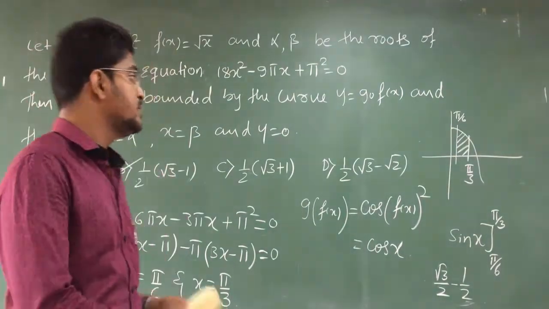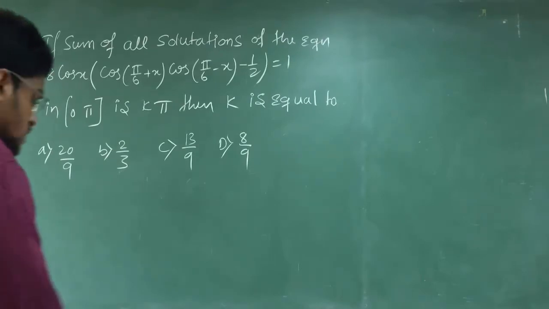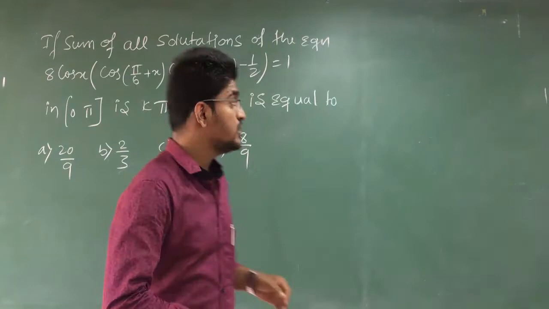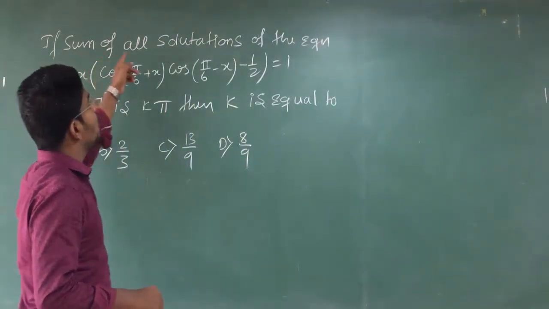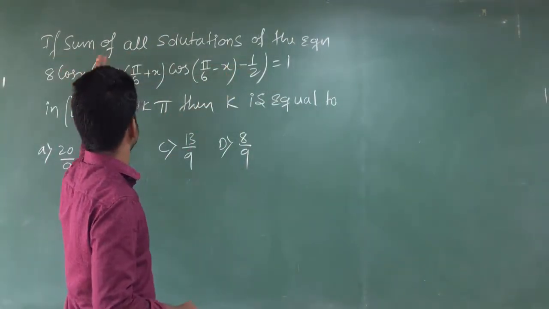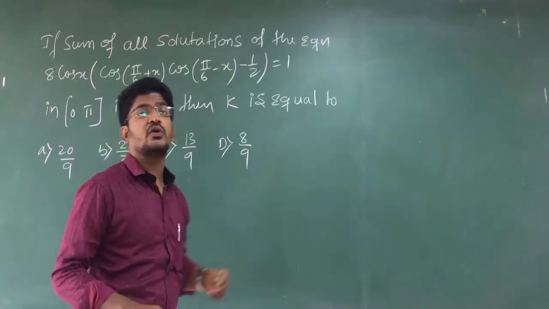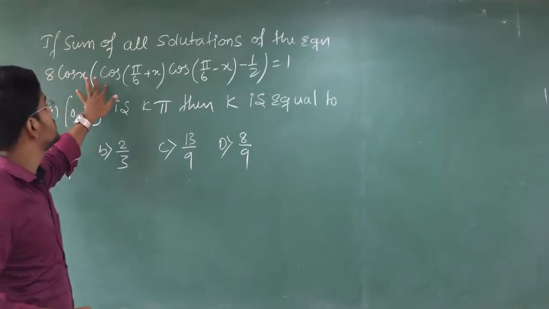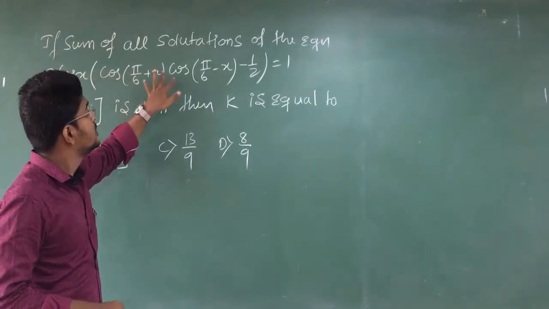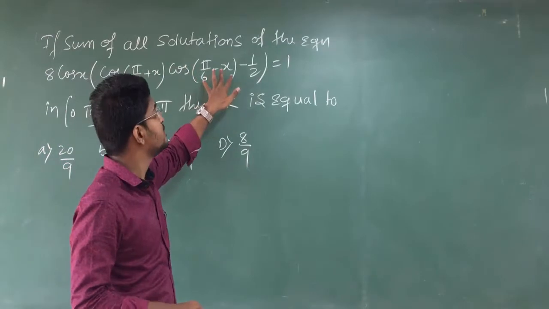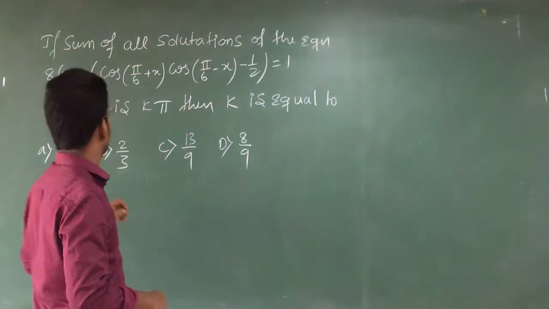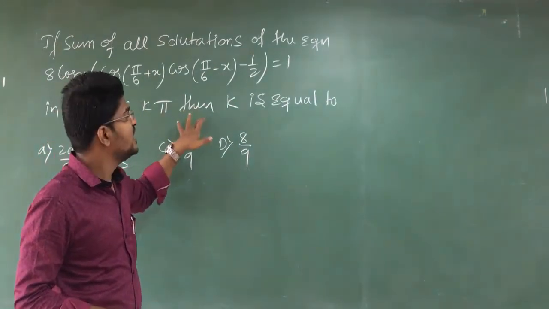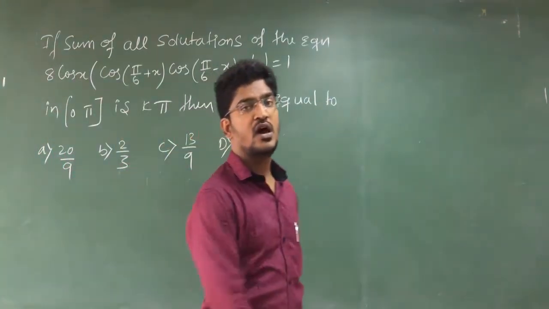Clear, students? Okay, so now let us go for the next question. If the sum of all solutions of the equation 8 cos x cos of pi by 6 plus x cos of pi by 6 minus x minus 1 by 2 equal to 1 in 0 comma pi is k pi, then k is equal to, they are asking.